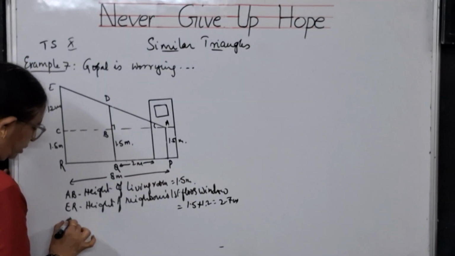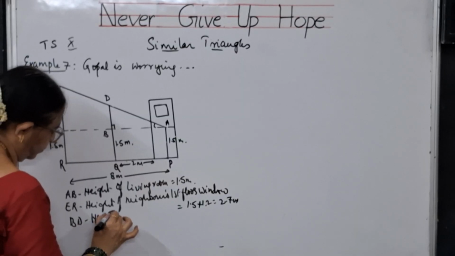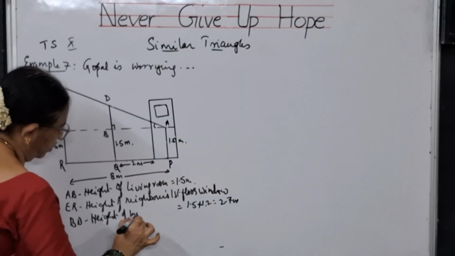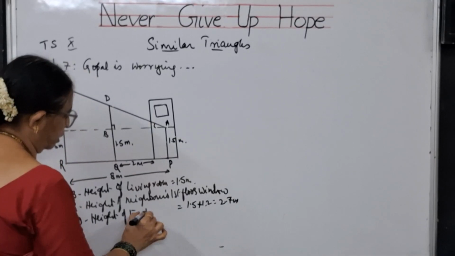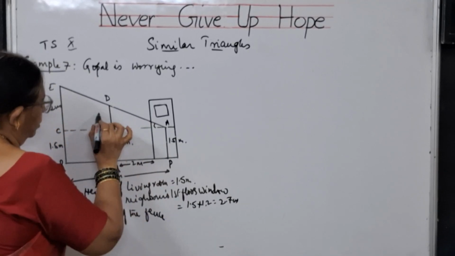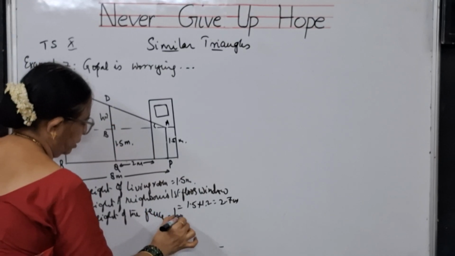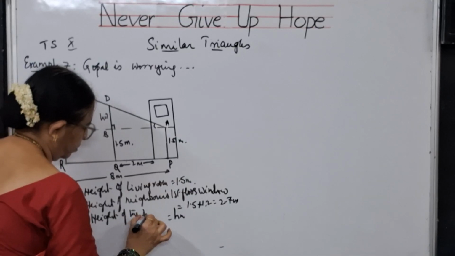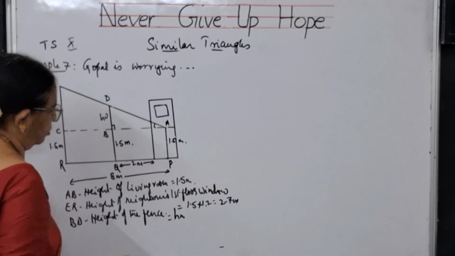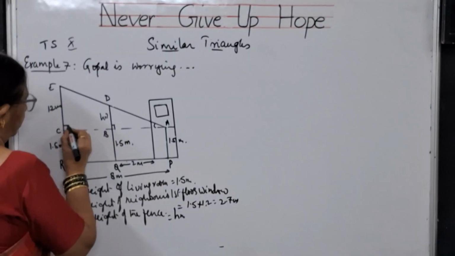Now, BD is the height of the fencing. Height of the fence, that is H meters. You need to find out the height of the fence. Now you have got two triangles here, children.